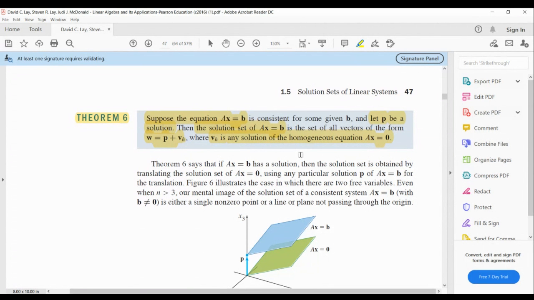Okay, and that's exactly what we saw for our example here. Are there any questions on theorem 6?